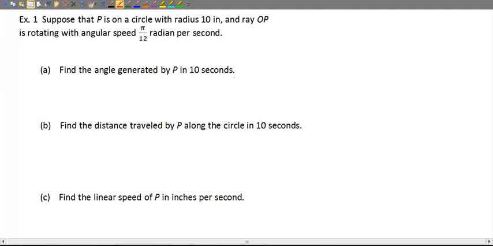What I want to do when I approach these problems is first start writing down what information I am given. In the very first paragraph, I know that the radius is 10 inches, so I'm going to start by making a list. And I know that the angular speed is pi over 12, so omega is pi over 12 radians per second.